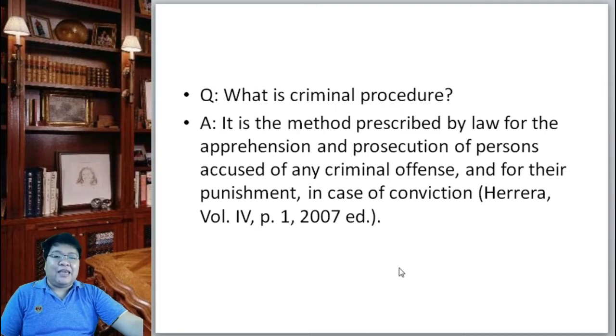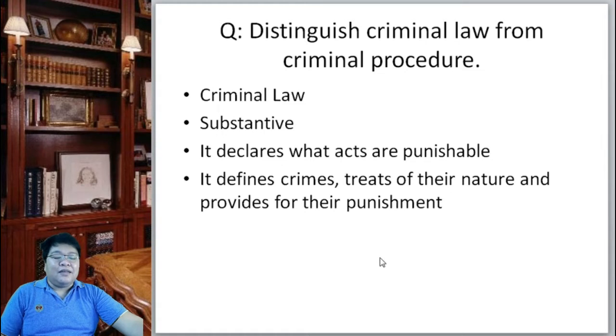So, technically, ito yung rules pag merong kinakasuhan sa isang criminal case. Simple lang yan. Now, ano ang kaibahan nito sa criminal law? Well, guys, criminal law is substantive.